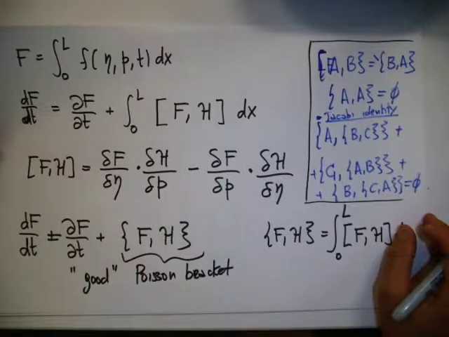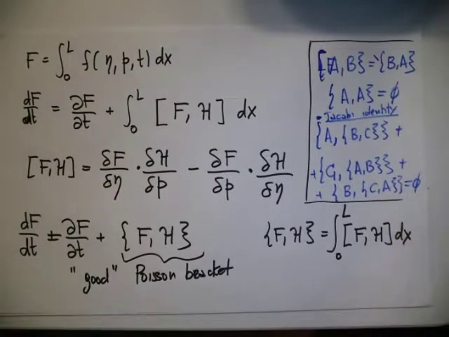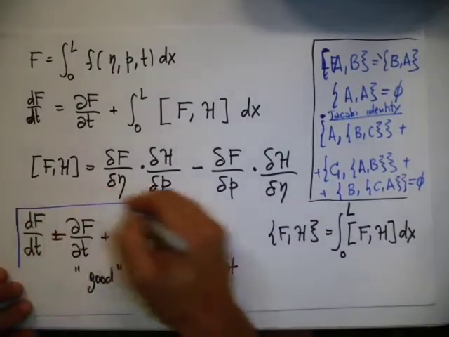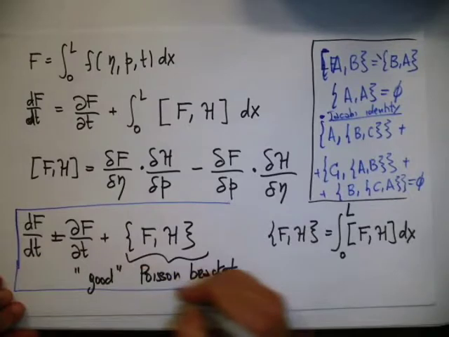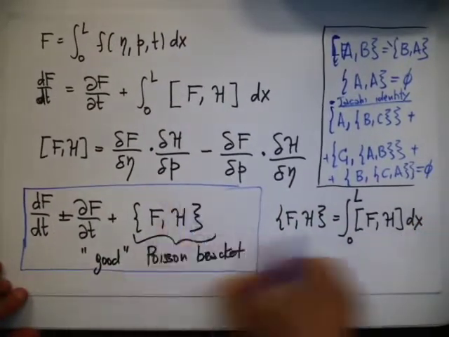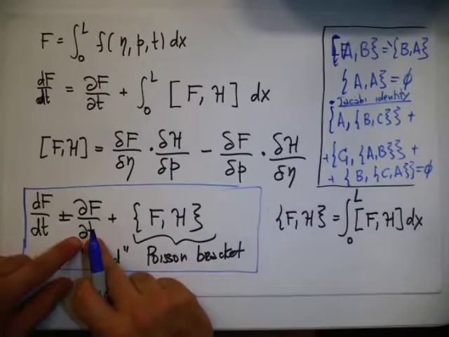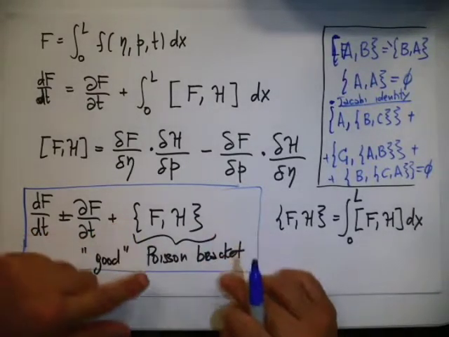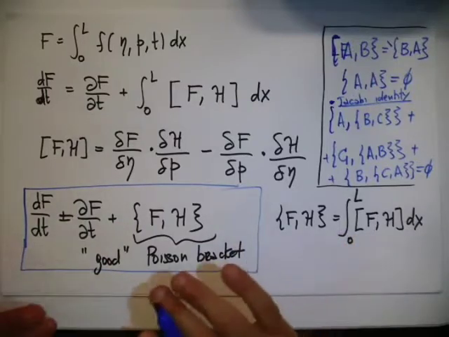What is nice is that, given this formulation, knowing the evolution of any observable F in terms of a Poisson bracket, here we have the extrinsic time dependence, and the intrinsic time dependence induced by the dynamics. We can derive any evolution.